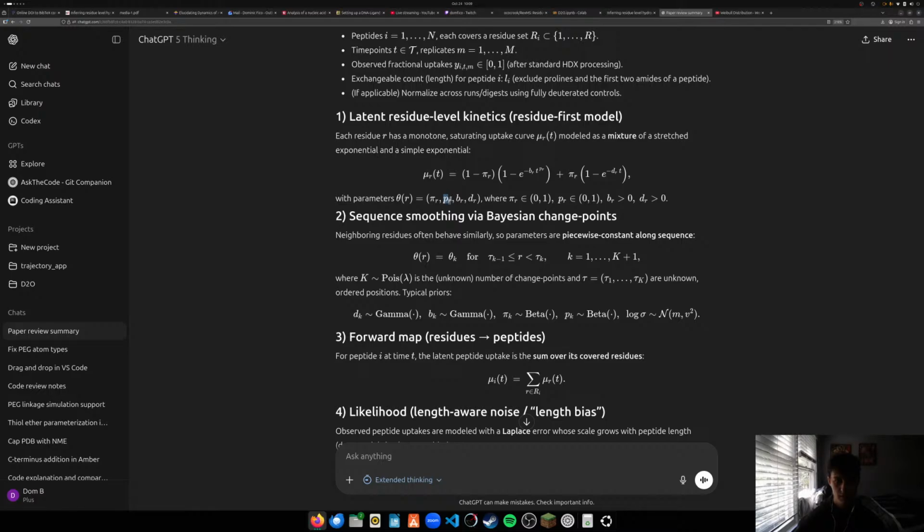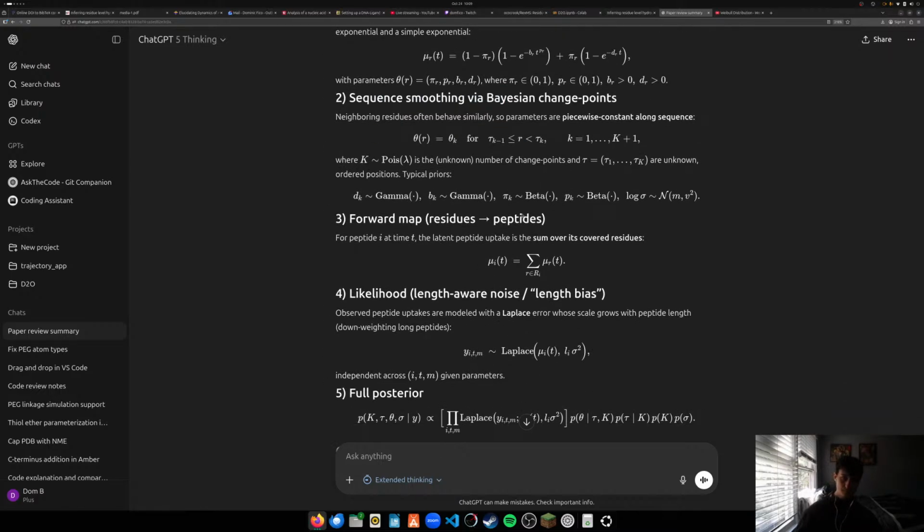The PR, I don't know what that does. BR, that would be like the rate across time, and DR, that's the rate for the single. So this is between 0 and 1. PR is between 0 and 1. BR is, yeah, you can't have a decreasing level of uptake. That makes sense. Okay. Sequence smoothing via Bayesian change points.